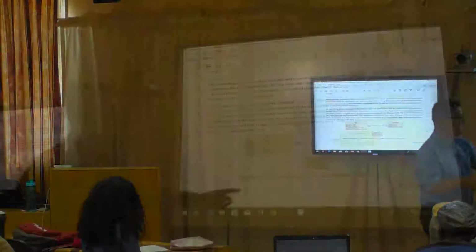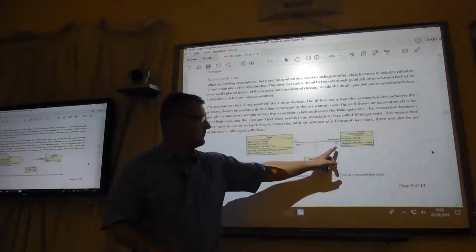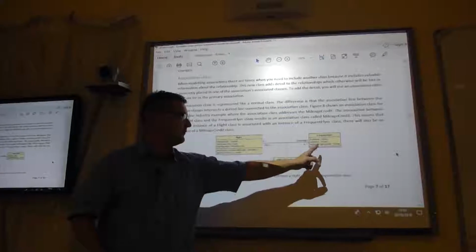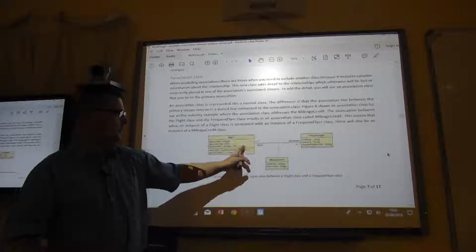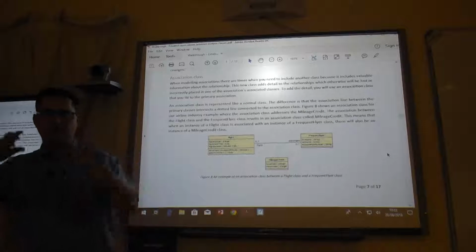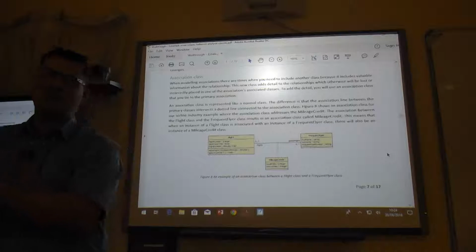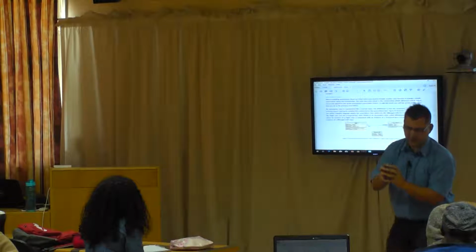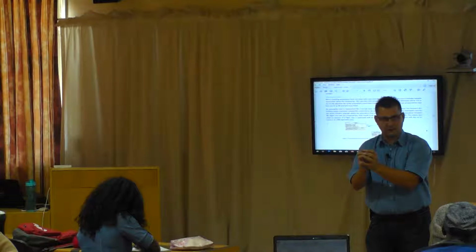From this we can see that a flight can have passengers and they can be considered frequent flyers. And a frequent flyer can fly on 0 or many flights. So we really start to see that there's a many-to-many relationship. And a lot of times when you have a relationship like that, you will create an associative class in the middle.